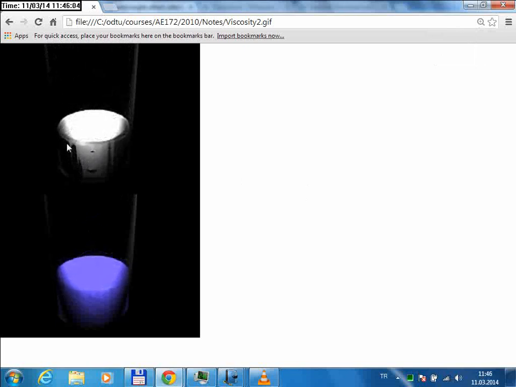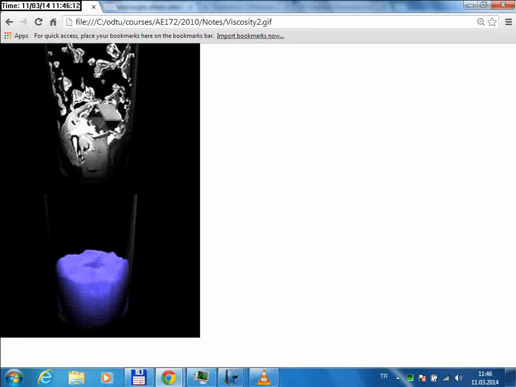Whereas if you look at the top one, that's exactly what you get when the object is dropped into the fluid: random splashes. The fluid moves in a chaotic manner. So this is a turbulent case and this is a laminar case.